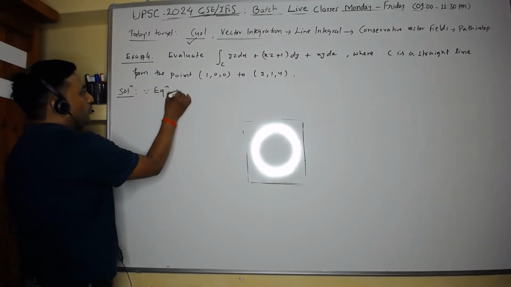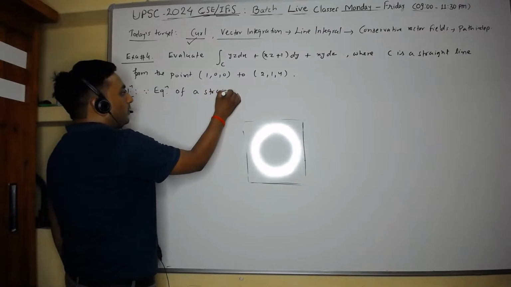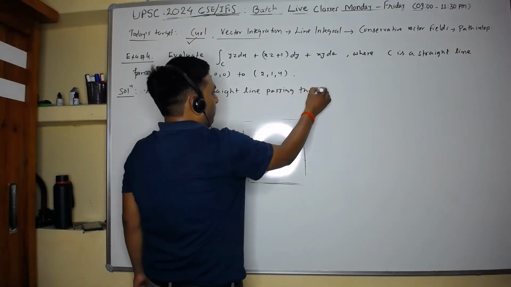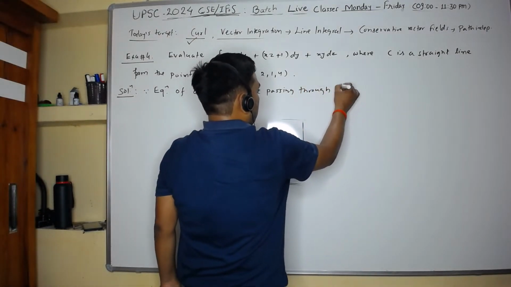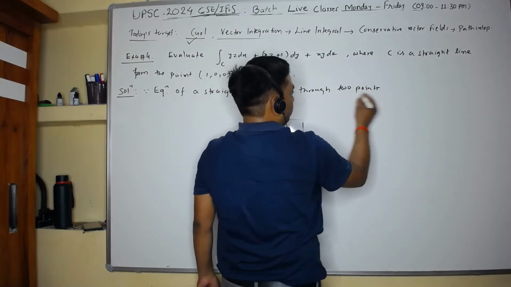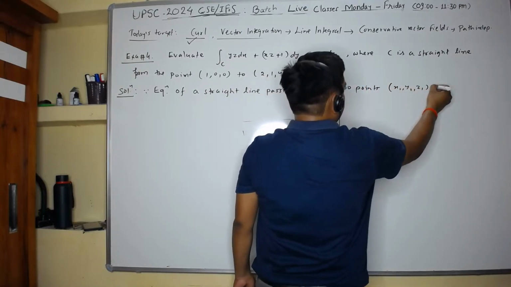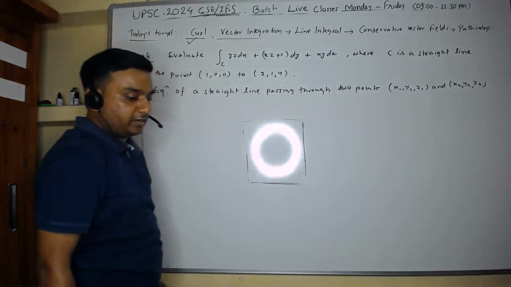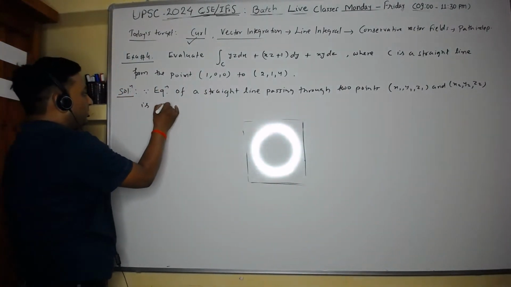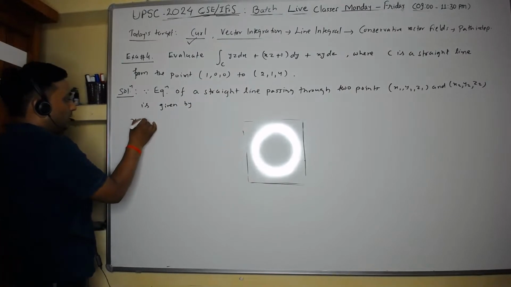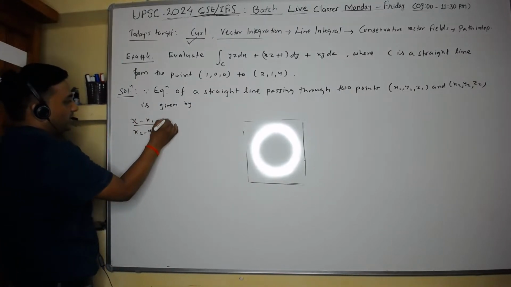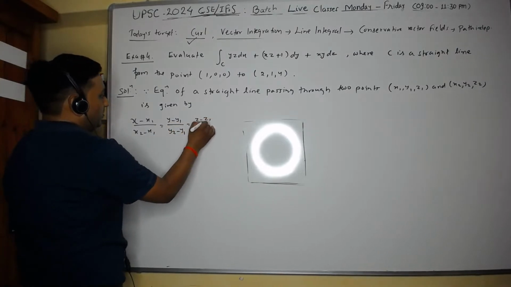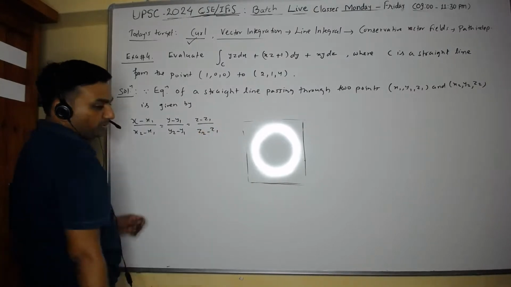So since the equation of a straight line passing through 2 points, let's say (x1, y1, z1) and (x2, y2, z2), fair? It is given by x minus x1 upon x2 minus x1, equals y minus y1 upon y2 minus y1, equals z minus z1 upon z2 minus z1.